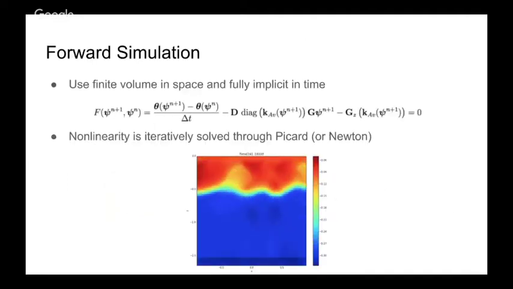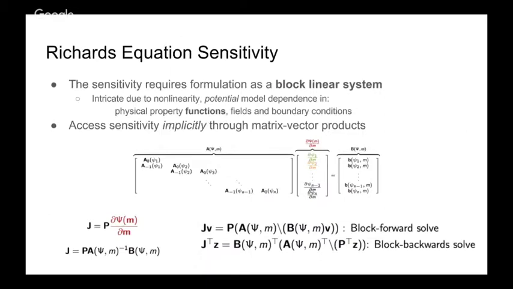So I'm just going to very quickly go through some of the numerical methods. We're using finite volume in space. We're being fully implicit in time, discretizing that in space and then in time. And the nonlinearity due to the Van Genuchten curves, those empirical relations, is handled through an iterative solve, either a Picard or a Newton method.